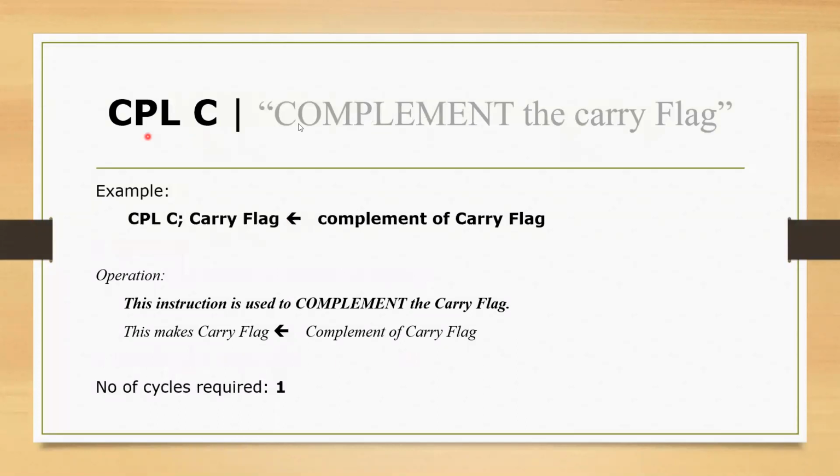Next is the complement instruction, CPL C, which complements the carry flag. The carry flag gets the complement of its previous value. If the previous value in the carry flag is 1, it is complemented to 0, and if the previous value is 0, it is complemented to 1 after performing the instruction CPL C. This instruction is used to complement the carry flag.